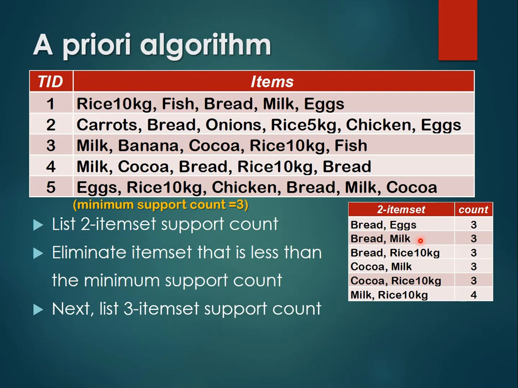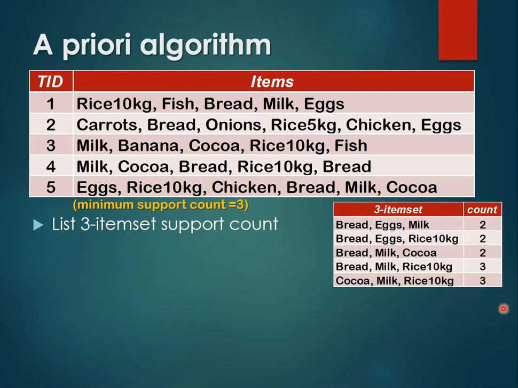If we combine them to make a 3-item set, we have bread, eggs, and milk, because bread is the common item. Similarly, we have cocoa, milk, and cocoa, rice 10 kg, and we can have the 3-item set cocoa, milk, and rice 10 kg.